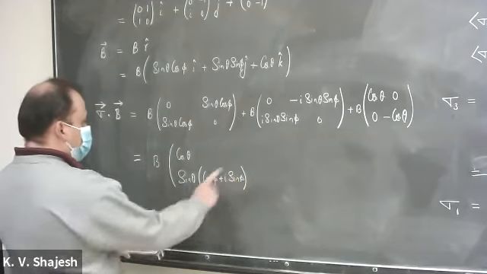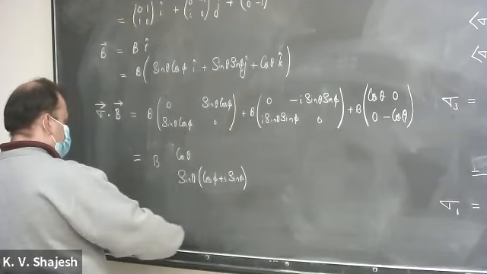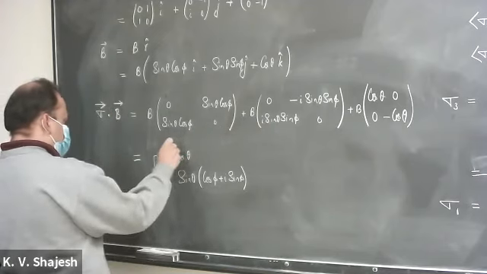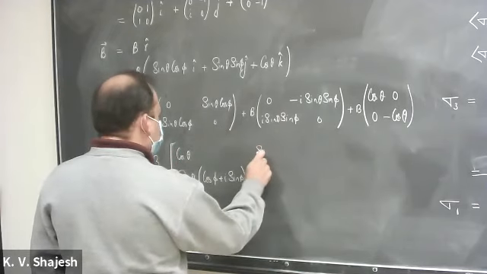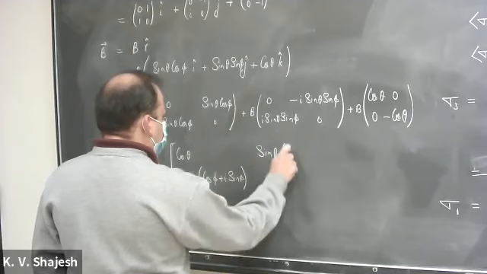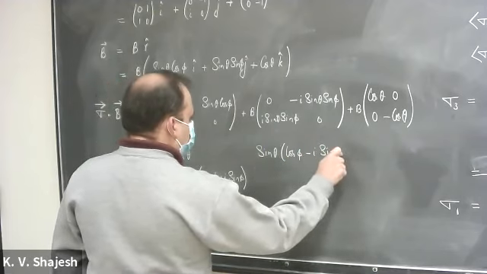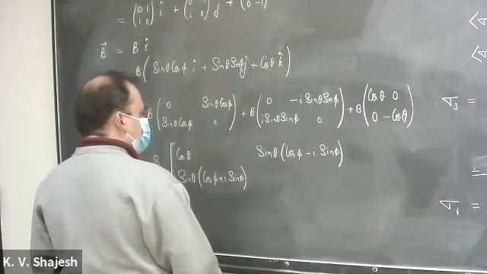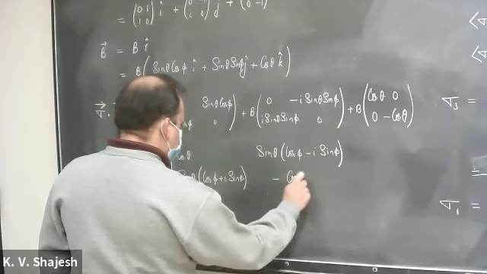Is that correct? And this one, you're right, is minus. So it is sine theta times cosine phi minus i sine phi. And finally, it's 0, 0, minus cosine theta.